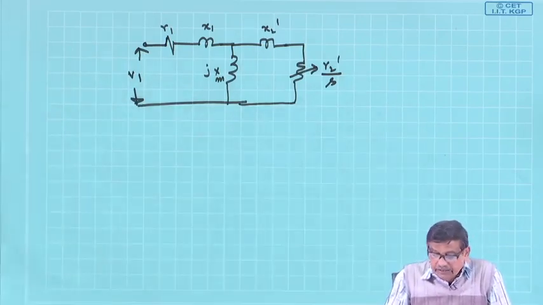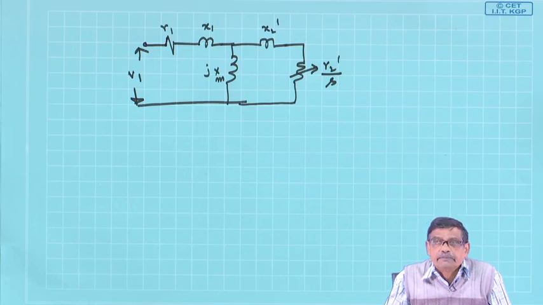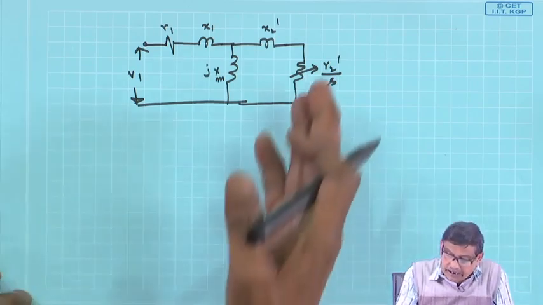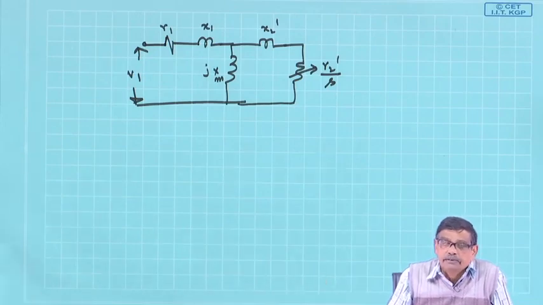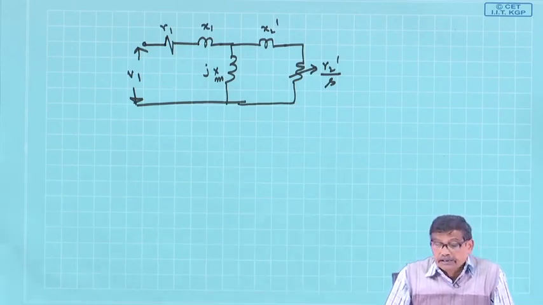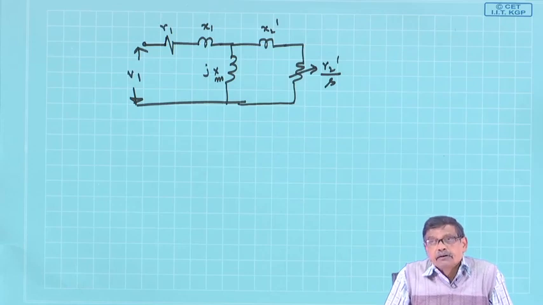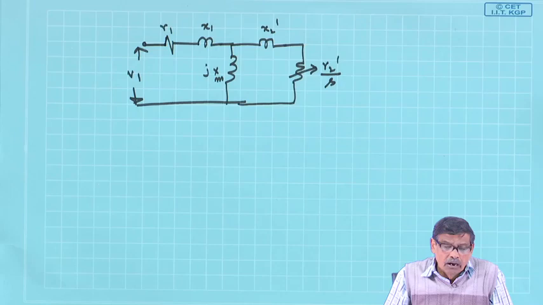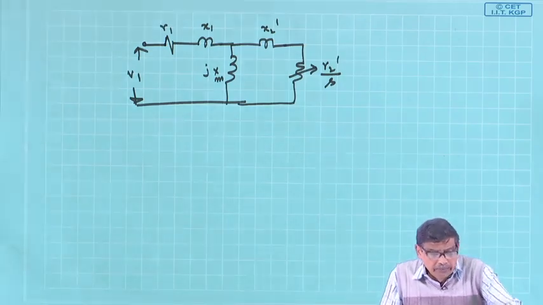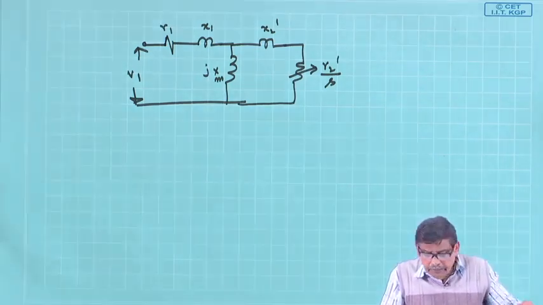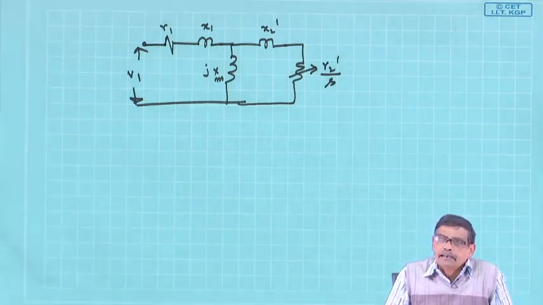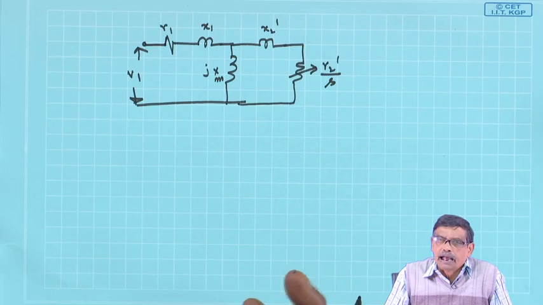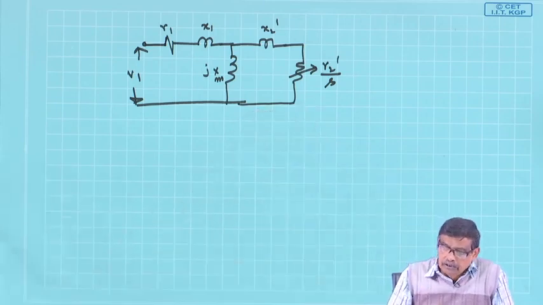Now, the question is, if it is a cage type induction motor, can I draw this type of equivalent circuit? Oh yes, you can. Why? Because I told you the stator reacts on the basis of the number of poles it has created. Or I can also say that if your rotor is cage type, it can adjust to any number of stator poles.